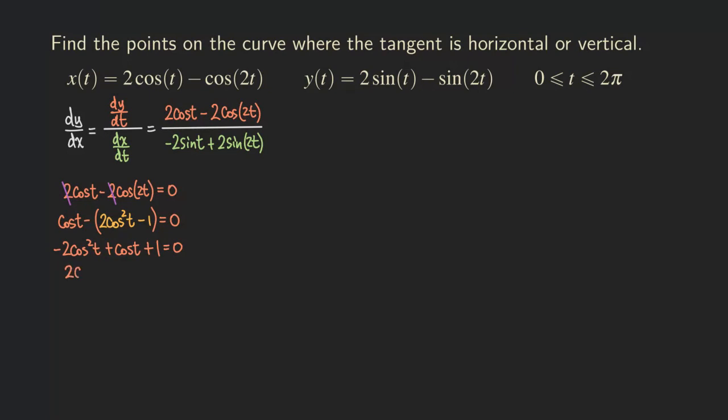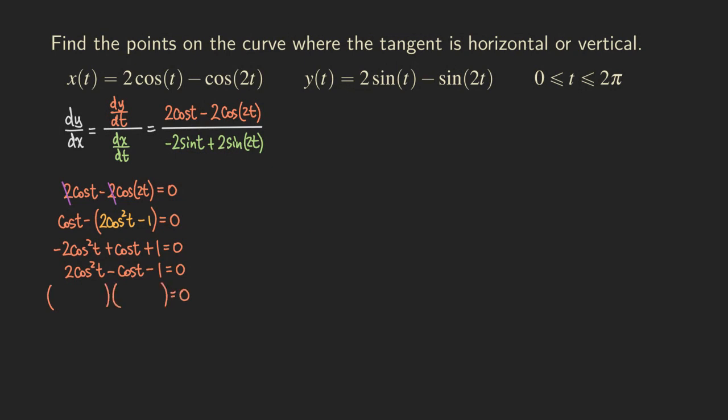If we do that, then we get 2 cosine square t minus cosine of t minus 1 is equal to 0. So all the signs are changed, right? -2 becomes +2, positive becomes negative, positive becomes negative here. Now you can factor this expression.